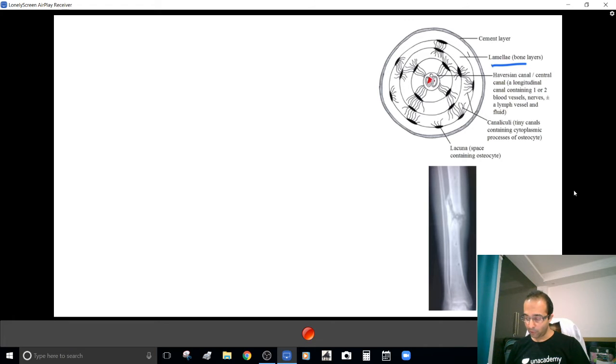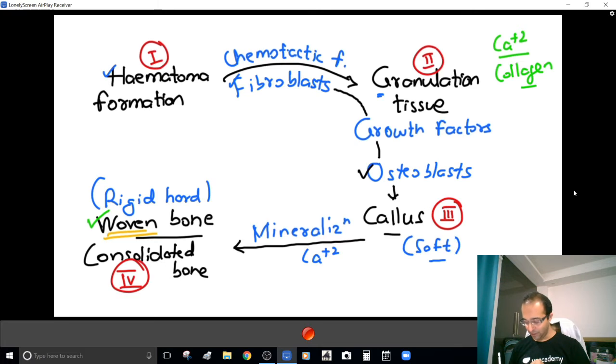In the center you would draw a blood vessel called the Haversian canal, and in between you would have the osteoblasts. So in a natural bone, collagen is present in a lamellar, layered arrangement. So if this woven bone has to become a natural bone, then collagen has to attain a lamellar pattern.